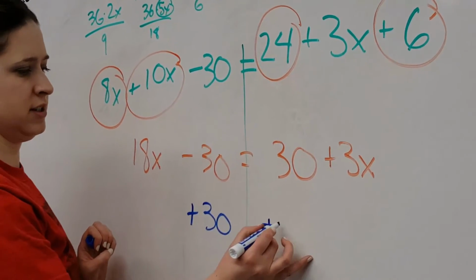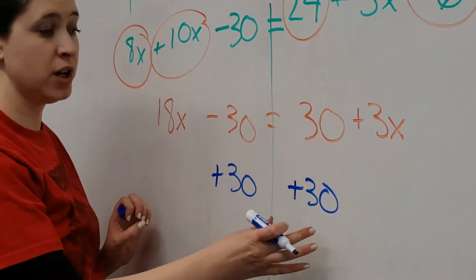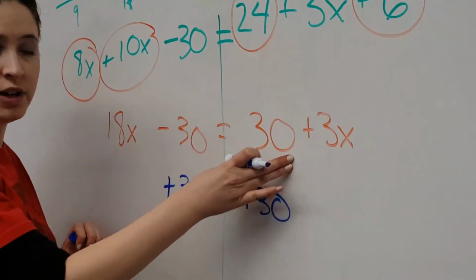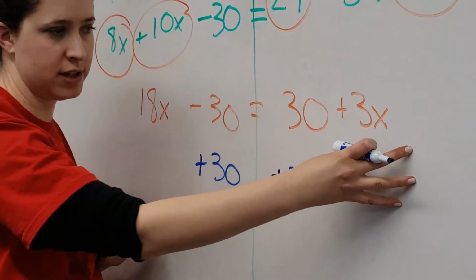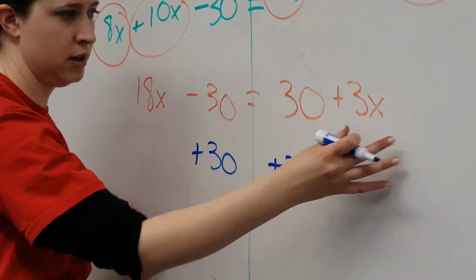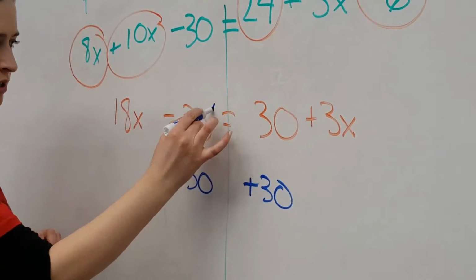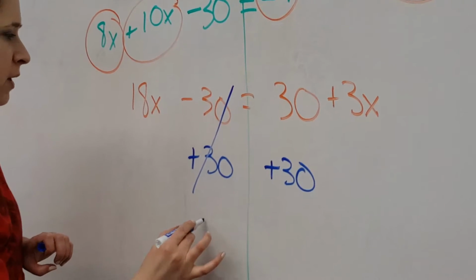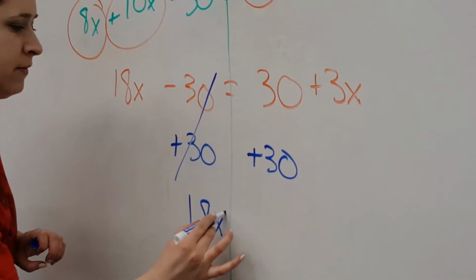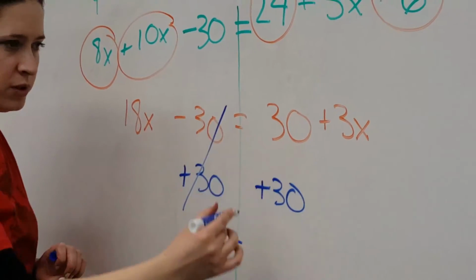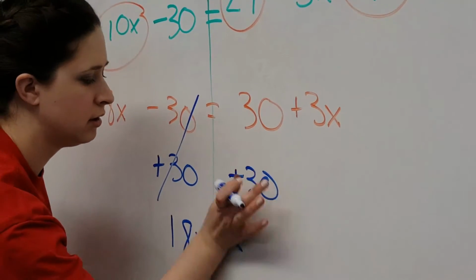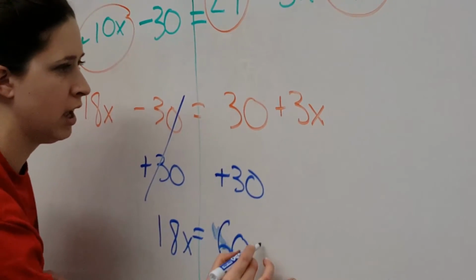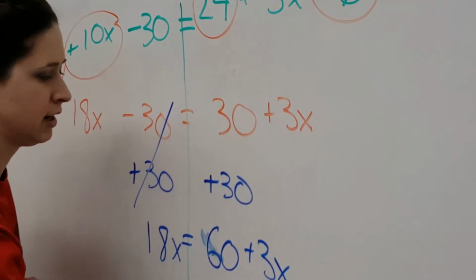If I add 30 to this side, I have to also add it to this side. Now make sure you add the 30 to the other constant. You can't add 30 to 3x because those are not like terms. All right, negative 30 plus 30 is 0. Those cancel out, and I'm left with 18x. On this side, 30 plus 30 is 60. And then I have a 3x on this side.